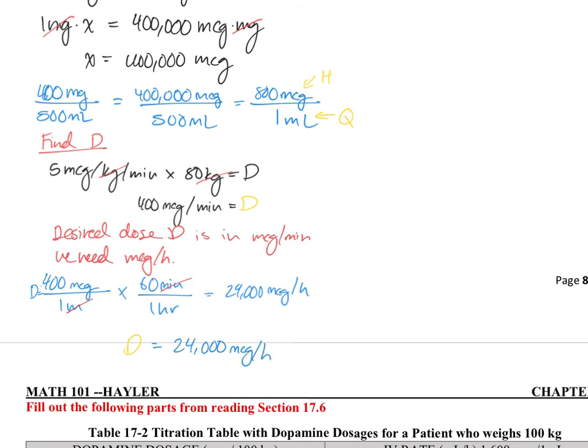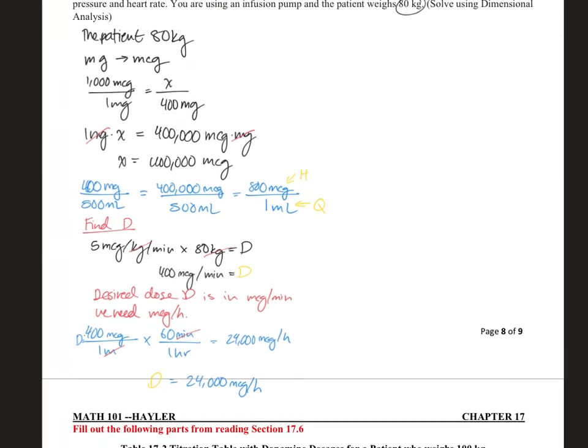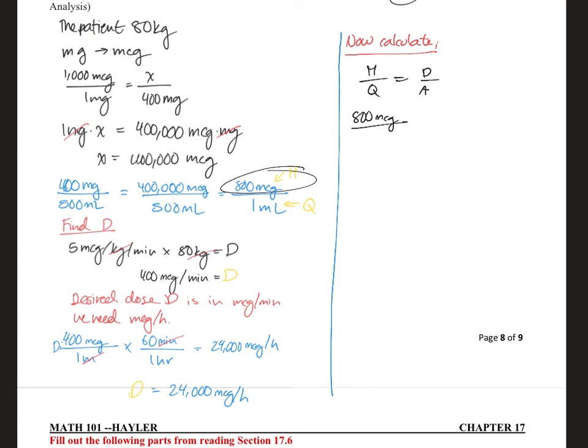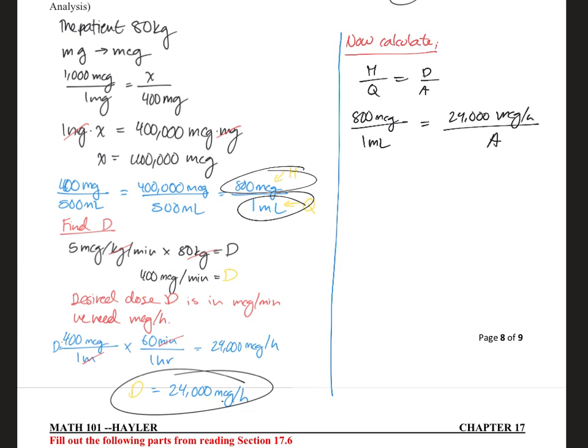Okay, now we can finally calculate the flow rate. We're going to do the same proportion, H over Q equals D over A. H is the 800 micrograms, all over Q, 1 milliliter, equals D, the desired dose, 24,000 micrograms per hour, all over A, what we are trying to find, the amount to administer.